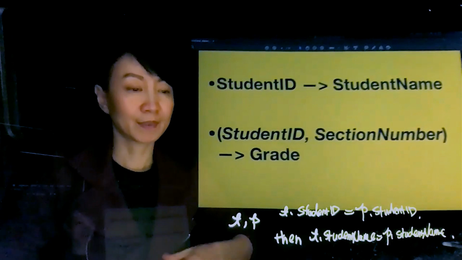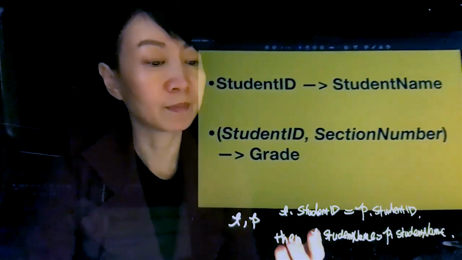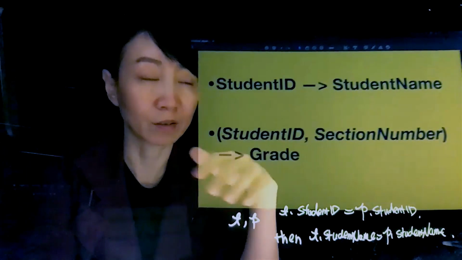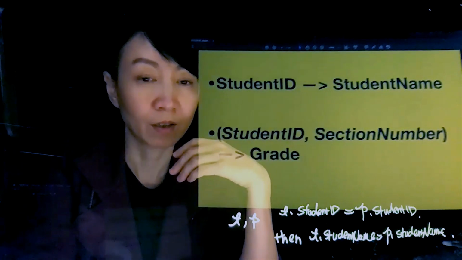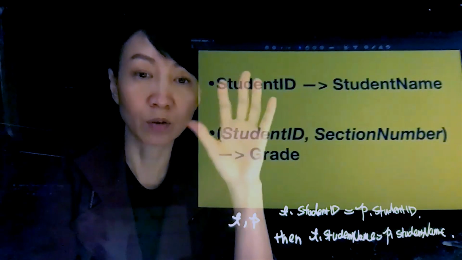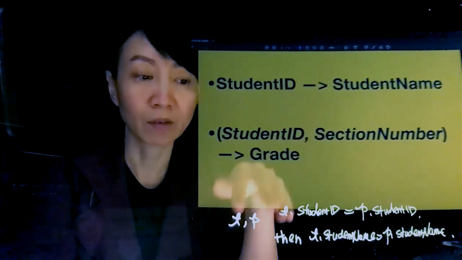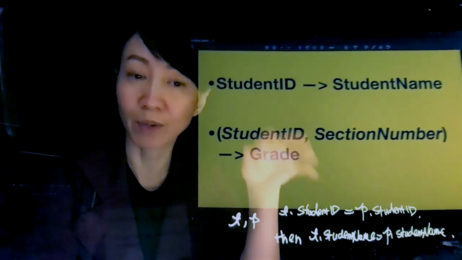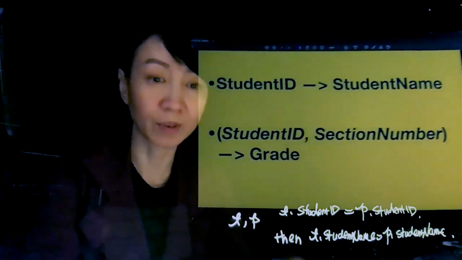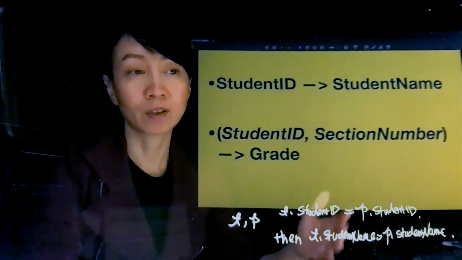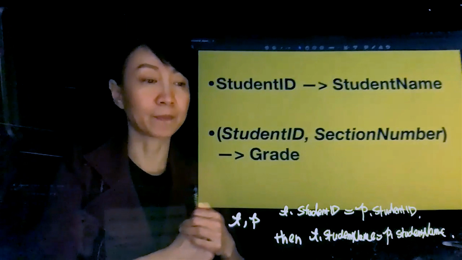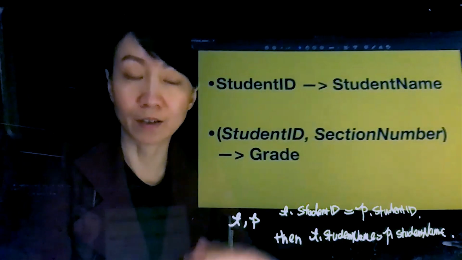As you know, student ID should always be unique, which means no two students will have the same ID. But just assuming we do have two students with the same ID, they must have the same name, which actually means they are the same person. So this is definitely an FD.